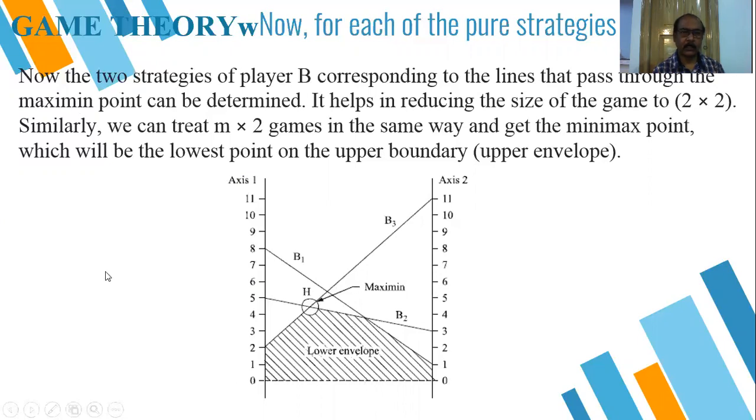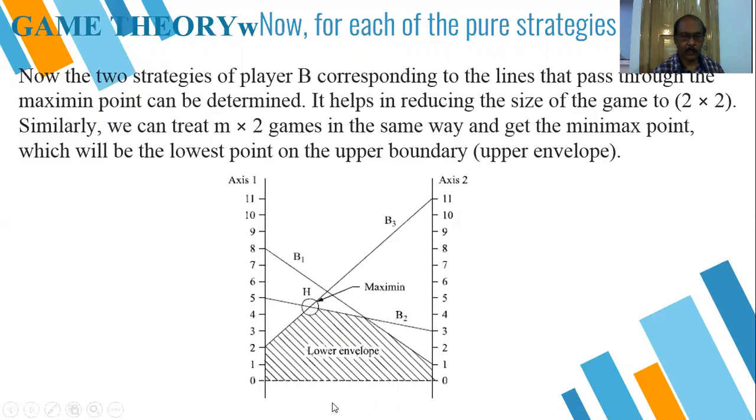This is the column-wise value when A is selecting, corresponding to strategy 1 and strategy 2. This is with respect to the strategies of player A and player B. So we are moving along the boundary of these two lines. This is our lower envelope.